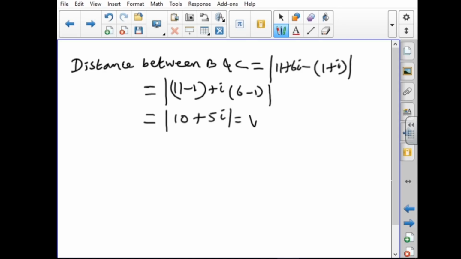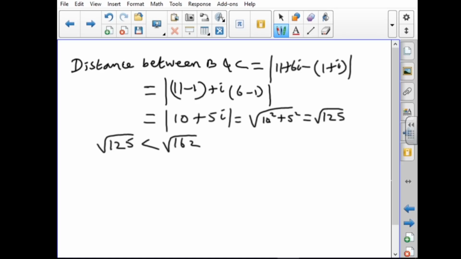So it is equal to root of 10 square plus 5 square, which is 100 plus 25, so root of 125. Now when we see here, square root of 125 will be surely less than square root of 162. Therefore, the distance between B and C will be less than the distance between A and C.